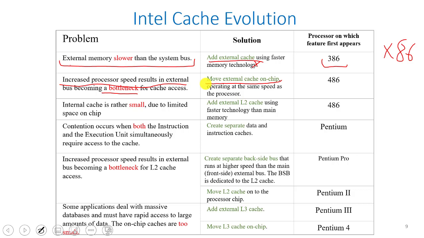Then we also had problems. The internal cache is rather small. You saw earlier in my laptop, it's very small, in kilobytes. So they said, okay, the solution: make a level 2 cache, which is an external memory. This is all in the 486.